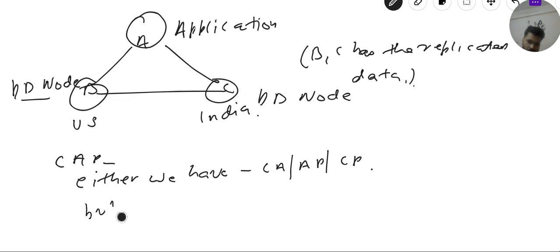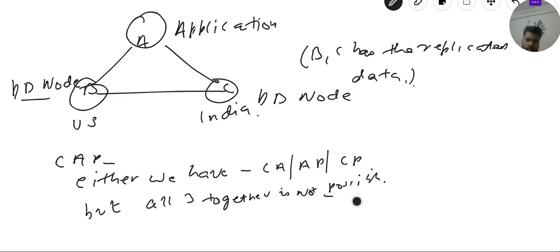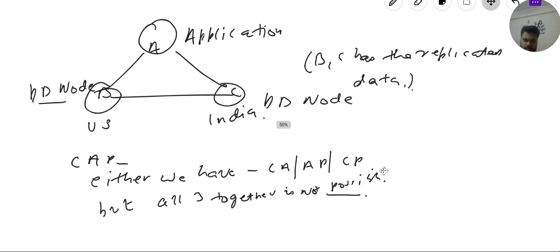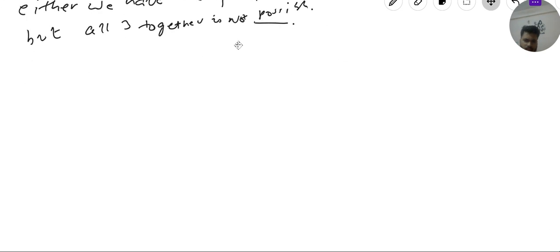But all three together is not possible. Right? All three together is not possible. Now, why am I saying this? Because let's see with an example.